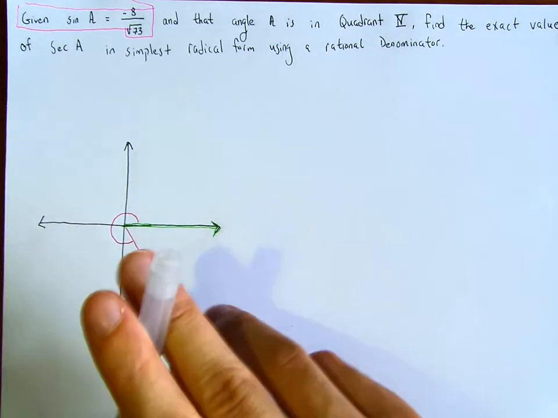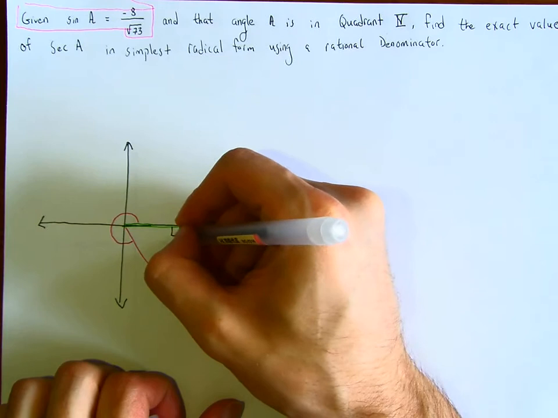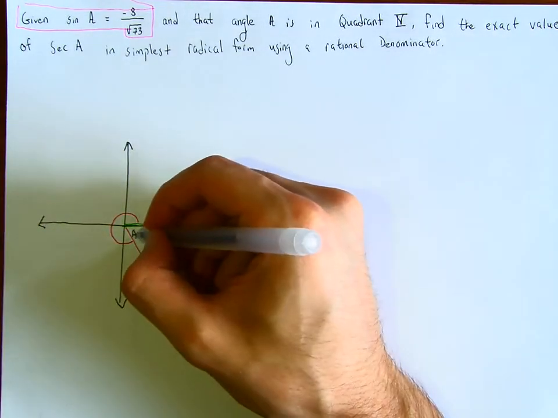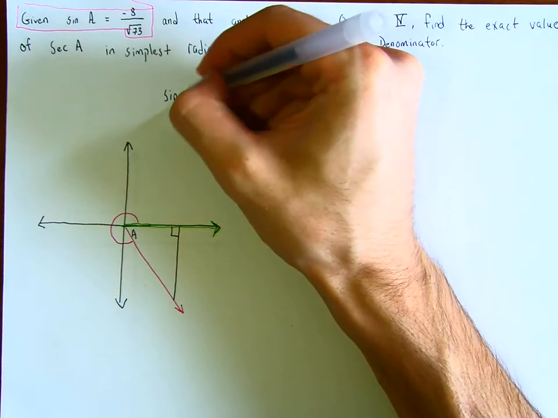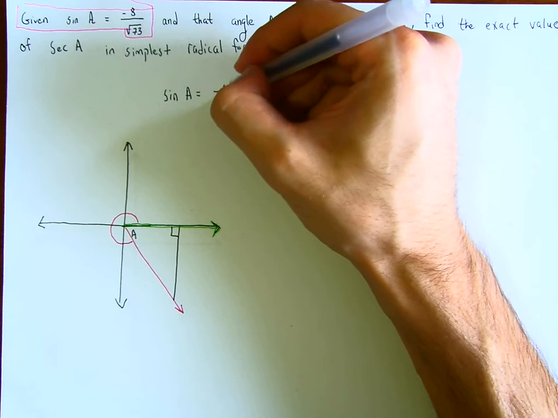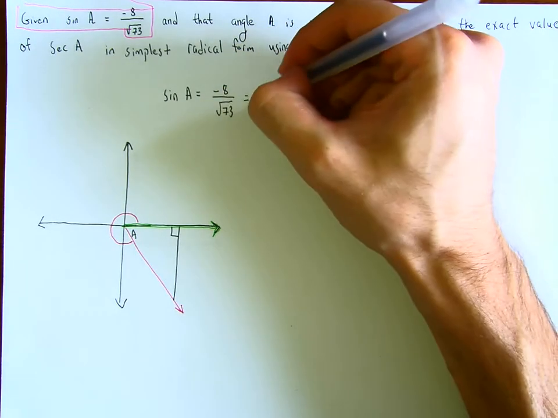And notice what kind of triangle we are making. We make that right triangle, and this is it. So angle A is over here, right? And for sine of A, what do we know about sine? Sine is -8 over square root of 73, but we also know that it's opposite over hypotenuse.